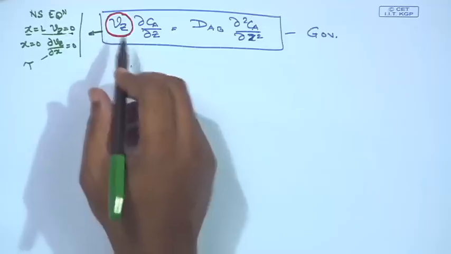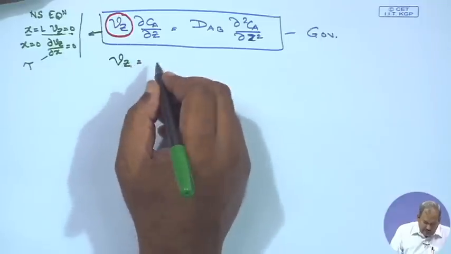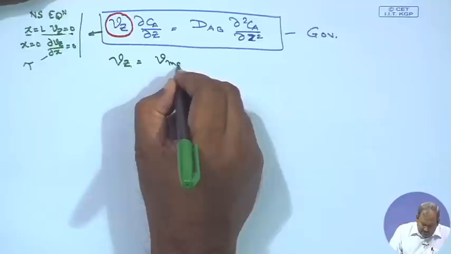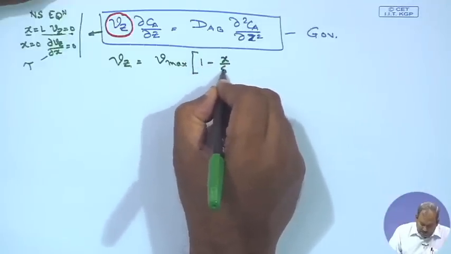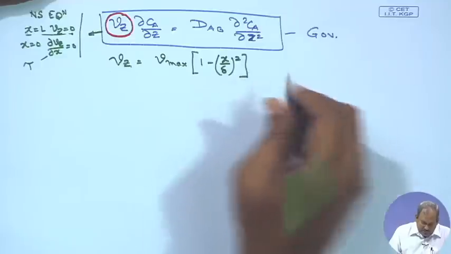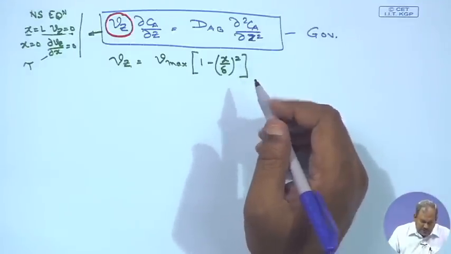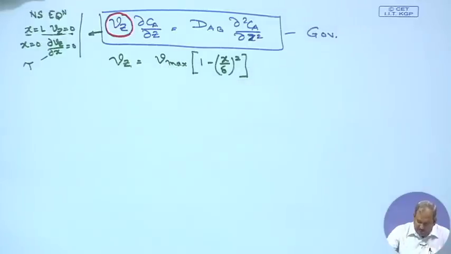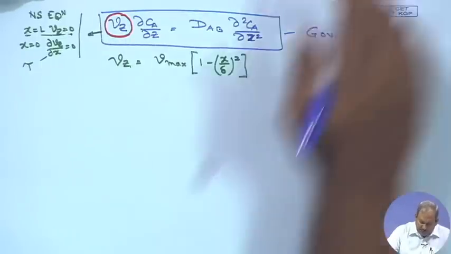So, we know what this Vz is going to be. We have an idea that Vz for such a case is going to be equal to Vmax times a parabolic distribution, 1 minus x by delta whole square, and this Vmax is the maximum velocity which is there at this point. The expression for Vmax is provided; I will not go into that once again.